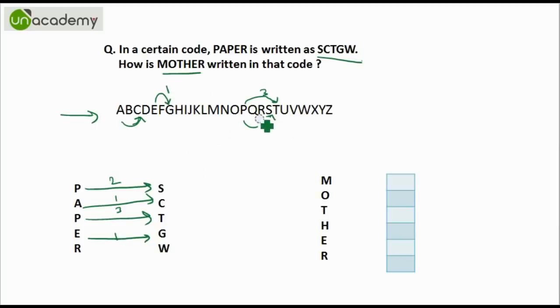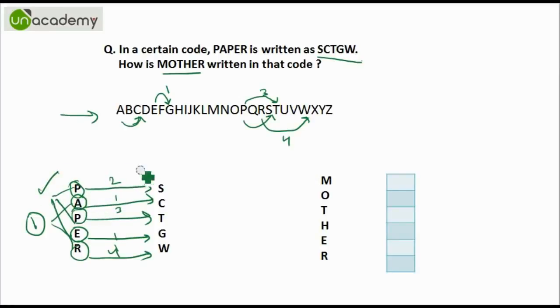R has been coded to W, so that is four jumps. So it is quite difficult to form a pattern here, but if you look carefully, all the alphabets at even places are having one jump, while starting from the first position all odd places alphabets, that is these three, have incremental jumps starting from 2.